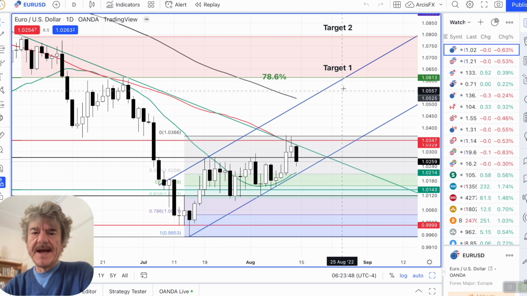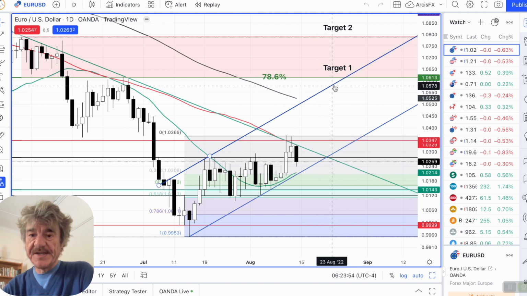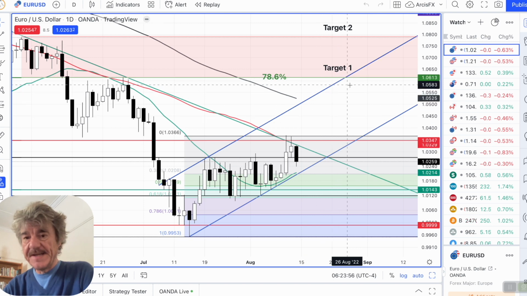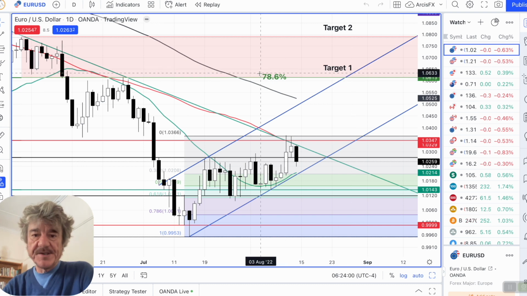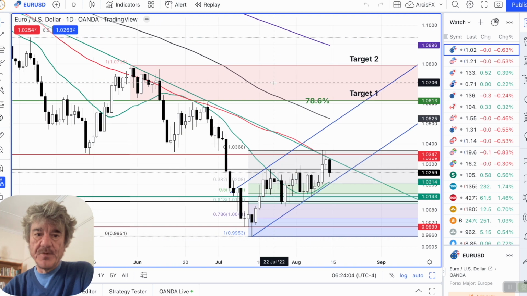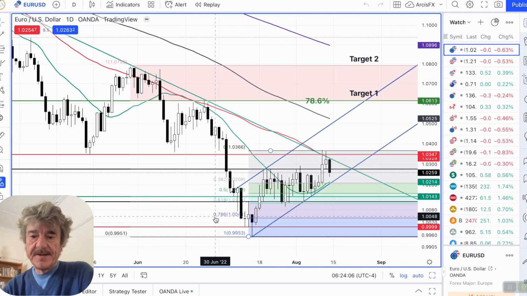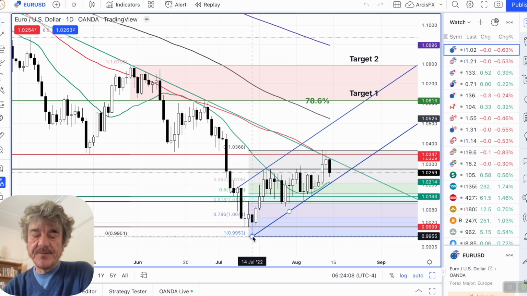Targets. Now, that target one is very obvious and clear. By the time, if the price reaches up somewhere there in the coming days, it will be the top of the channel. And it also happens to be the 78.6% Fibonacci of the move down from 108 down to around about parity, which is what we saw kind of mid-July.